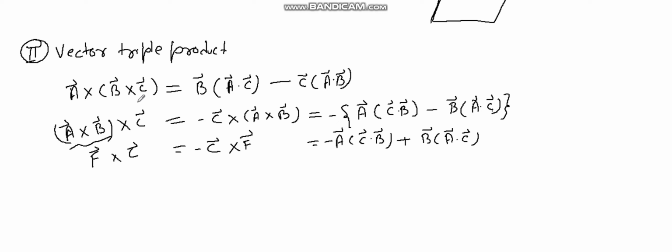One thing that we have to remember is that when we are expanding this triple vector product into this form, first we take the first term of this bracket, which is B, and then the dot product of the rest of the two, minus the second term of the bracket, which is C, and the dot product of the remaining two terms. Okay, so this is a vector triple product.